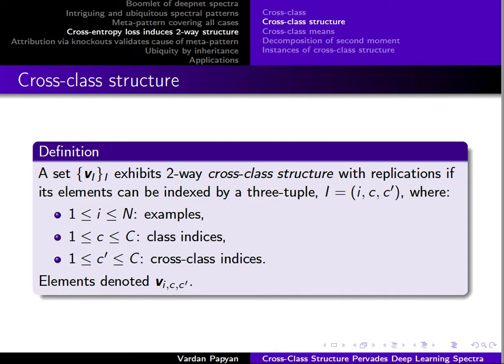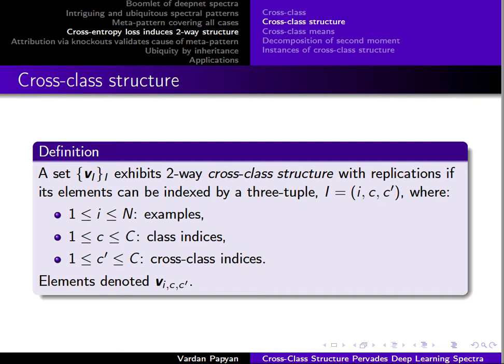Now, why is any of this important? The importance lies in the following observation. Notice that you can take all of these V_icc', and for each fixed c and c', you can average over the index i. And so as a result, you get C² different cross-class means. You can take these C² cross-class means, and then you can fix the index c and average over c'.